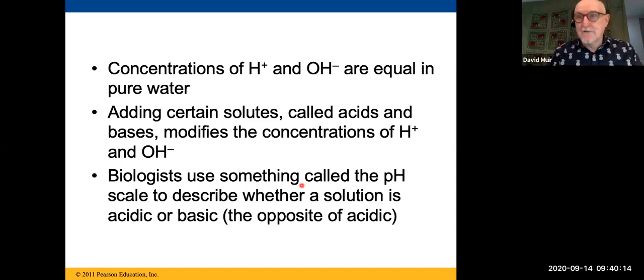If I add lots of OHs, I'm going to swing the pH. Now, acid is below 7. So 7 is neutral. If I add hydrogen ions and increase the acidity, I drop it below 7 and go as low as 1, a pH of 1. If I add hydroxyl ions, OH, to the solution, I will raise it above 7. So I can go up to 11, 12, and that is strongly alkali.